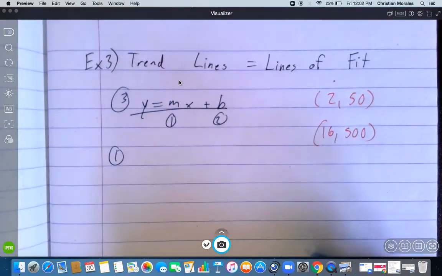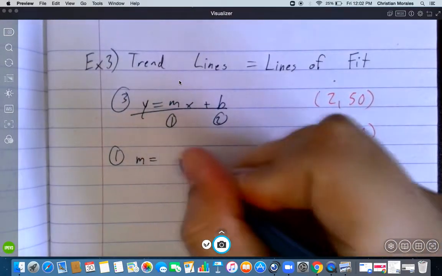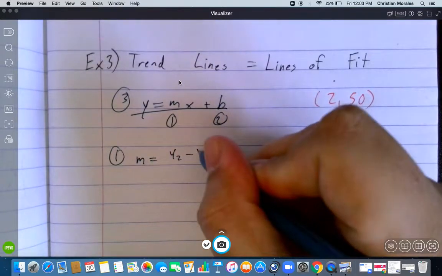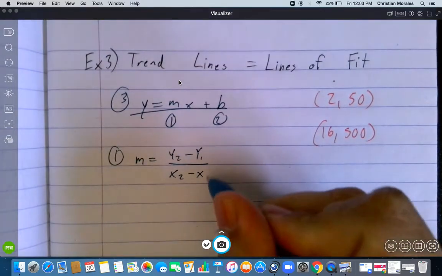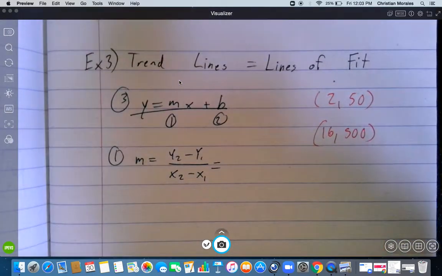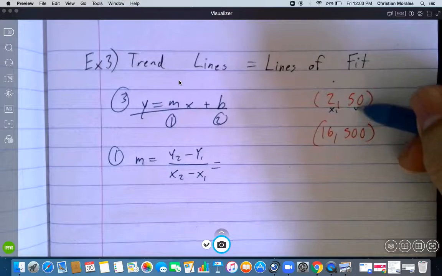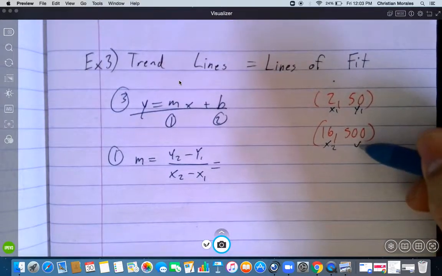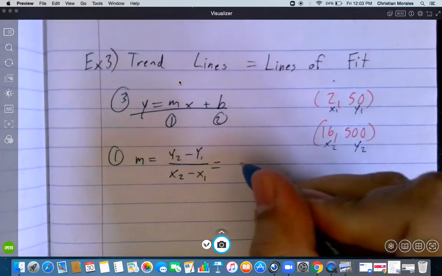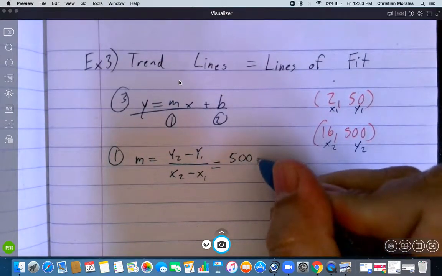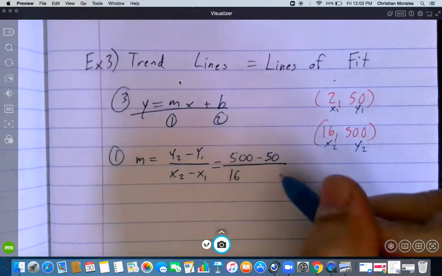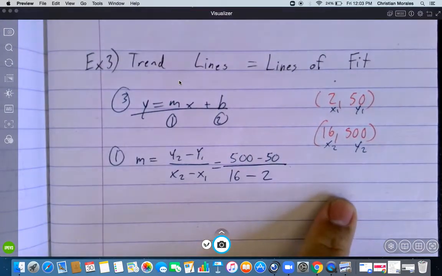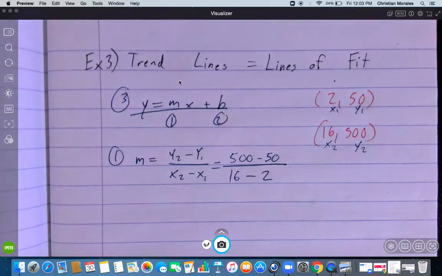We're going to use the slope formula, y2 minus y1 over x2 minus x1. Now I'm going to say this is x1 and y1, this is x2 and y2. So I'm going to put 500 minus 50 over 16 minus 2. We don't need to put the thousands because in the graph they told us it's in the thousands. We can just use 500 and 50.